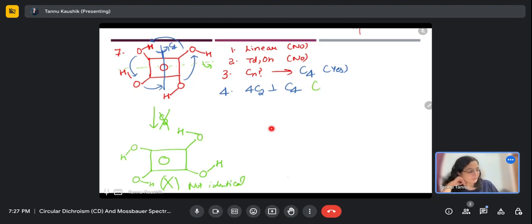So we don't have 4 C2 perpendicular to this C4 axis of rotation.